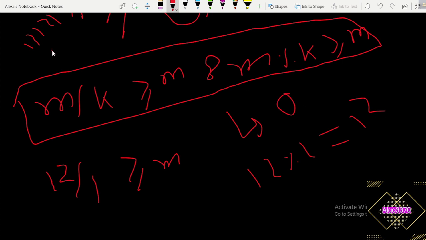Or if we divide 12 by 1, this will be 12. So this will be greater than or equal to 12. So in this situation we can fulfill this amount from our regular storage. So our answer will be 0.